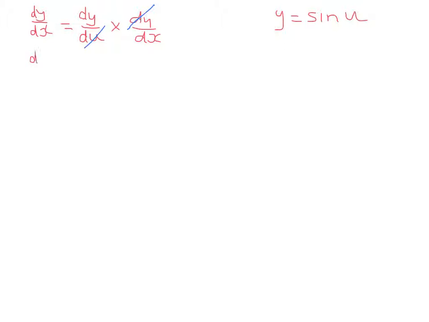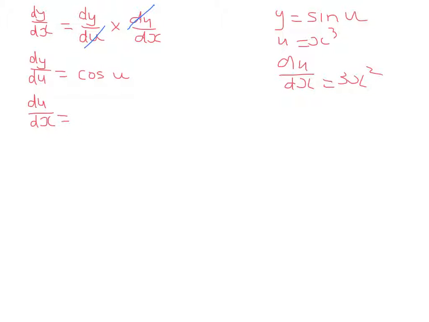So dy du means the derivative of y with respect to u. Well, that's just cos u, and du dx means the derivative of u with respect to x. Now, we said over the page that u equals x cubed, so du dx is 3x squared.